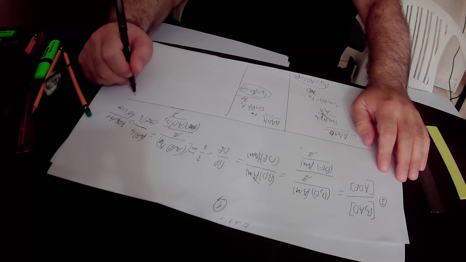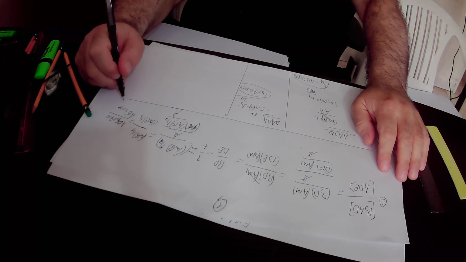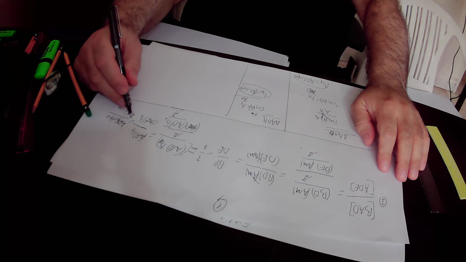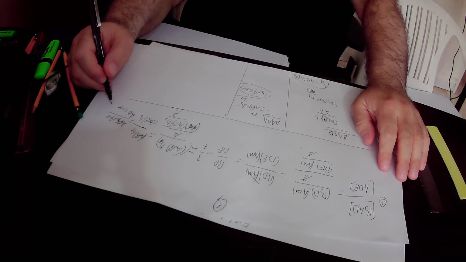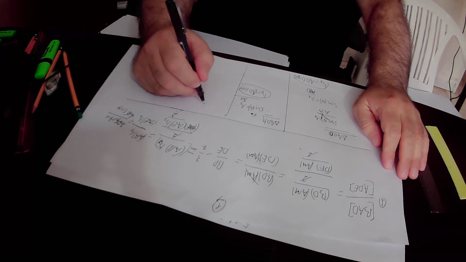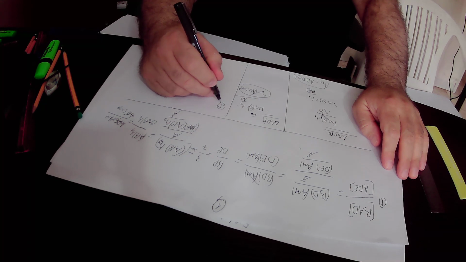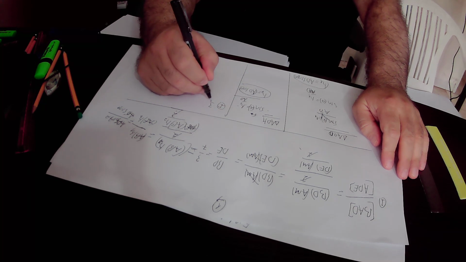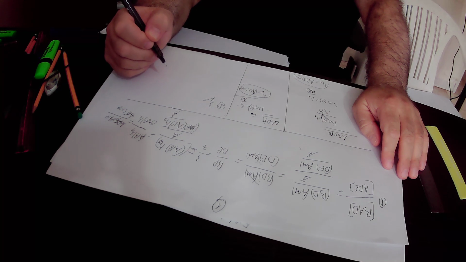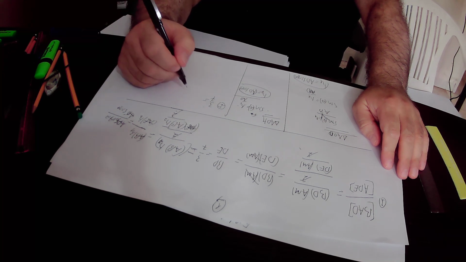So here we have AD in the numerator and AD in the denominator, so AD will get cancelled. So in conclusion, according to equation number 1, we found out that 3/7 is equal to sinus theta over sinus alpha.